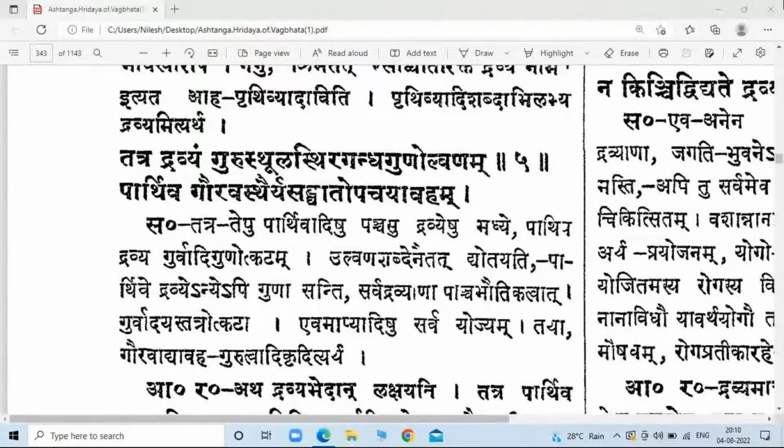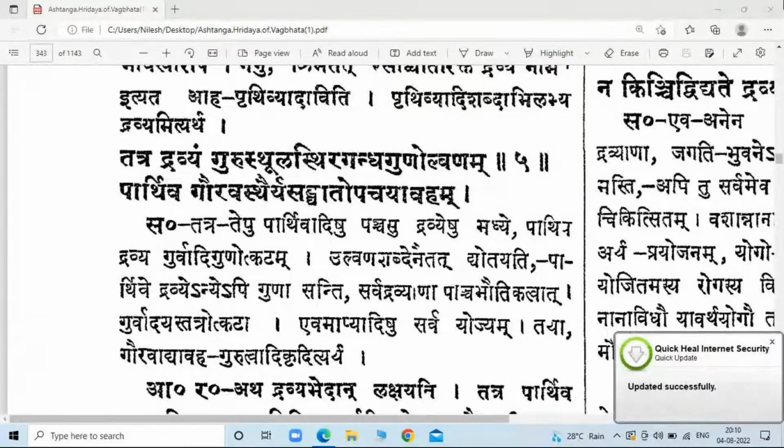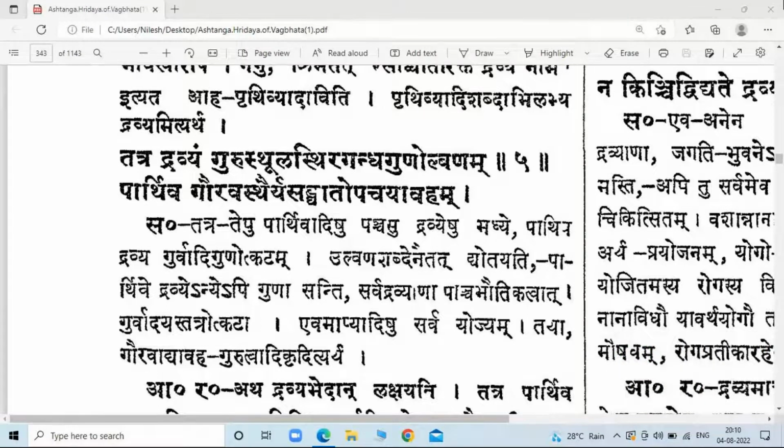And when we go through the explanation, we find that everything is explained in 2 specific modes, or with two different types of details. One is about its gunas, and second is based on its karma on the human body. It's the karma on the living body. So here also we find it.